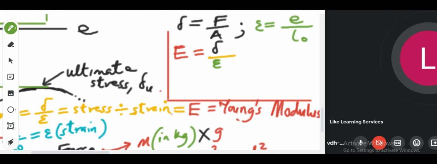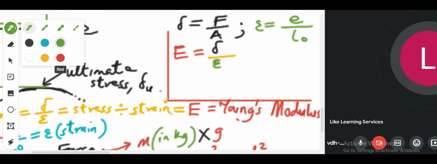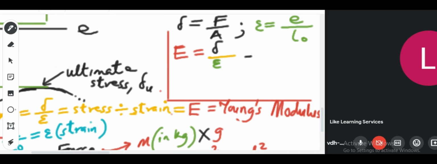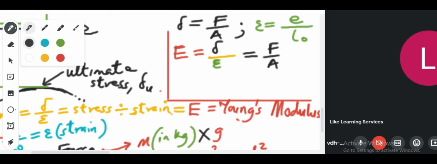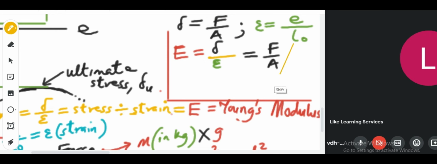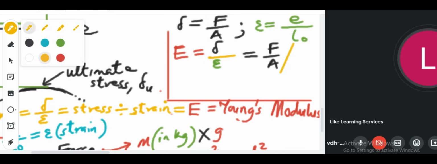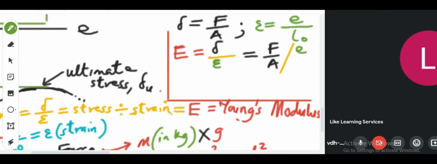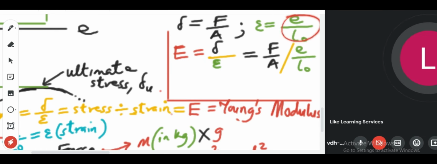Now, if we substitute, we're going to have F over A for stress, because stress is F over A, divided by extension over original length for strain.